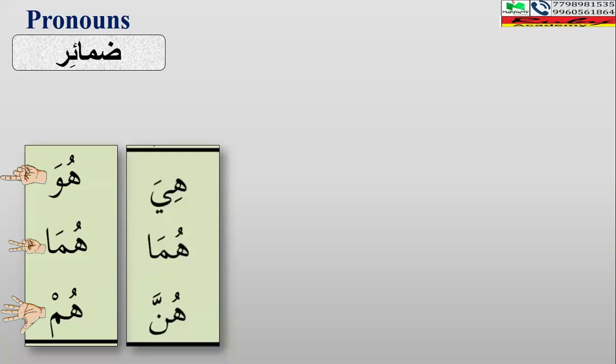You keep your two hands: your left hand is masculine and right hand is feminine. So the first finger, huwa; two fingers, huma; and more than two fingers, that means five fingers, whom. Now let's take the right hand. Again the same: one finger here, two fingers, huma, three fingers, hunna.